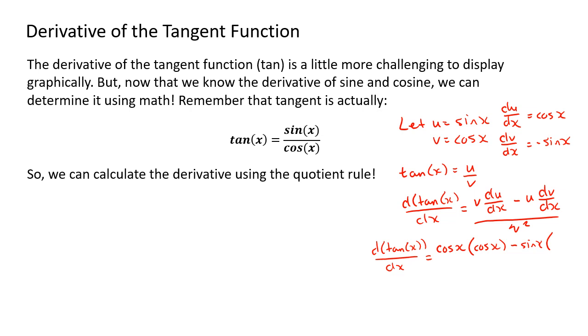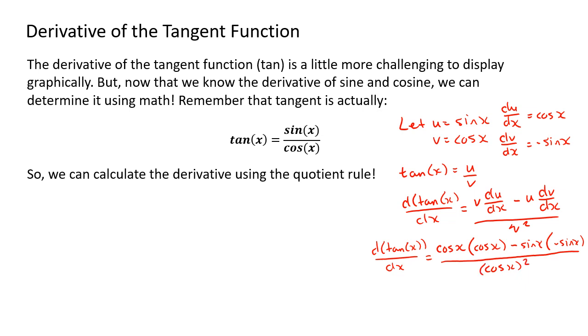The derivative of the function v is negative sine x. And that's divided by the function v squared. Okay, so the function v squared is cosine of x squared.